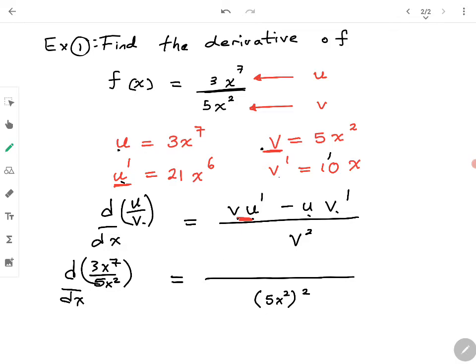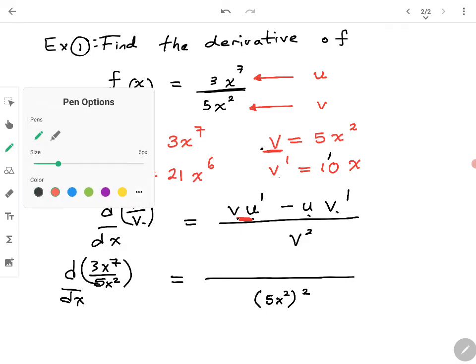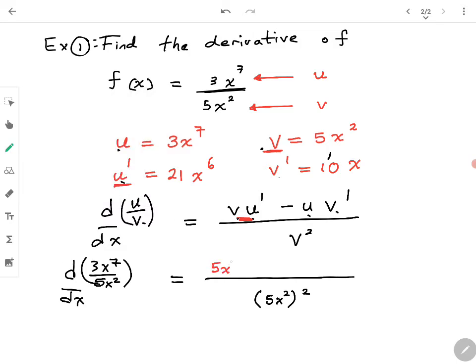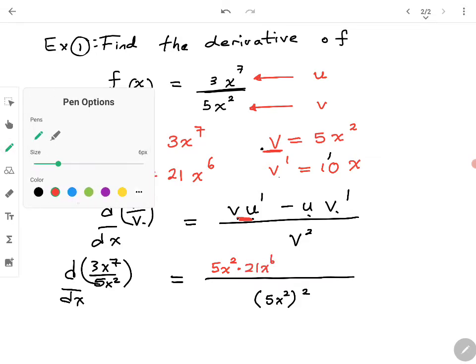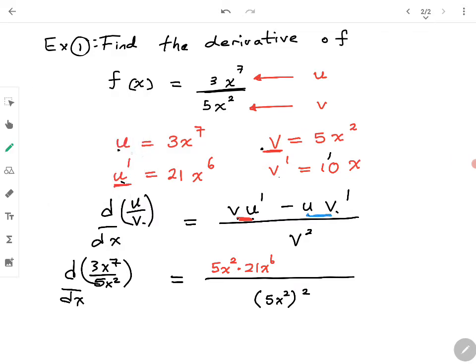V is 5x squared and u prime is 21 x to the 6. Then the second term in the numerator is made up of u times v prime. So u is 3 times x to the 7th and v prime is 10x. Now just simplify this and you get the final answer.